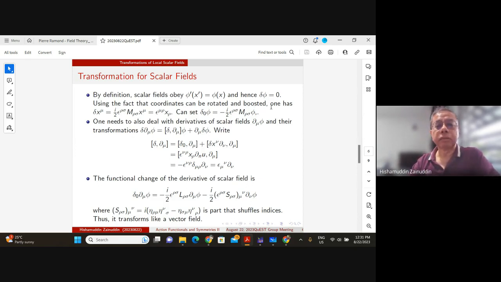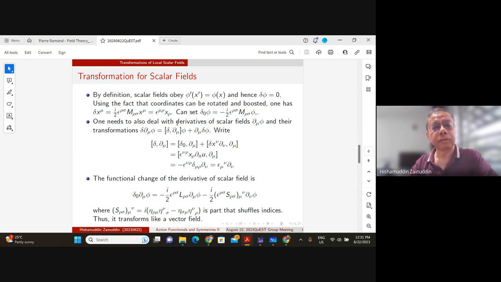So the change in the coordinates will now be given by some generator here, which was given previously as your angular momentum generator. Your angular momentum generator will have your angular momentum as well as the boost, and there will be some parameters.